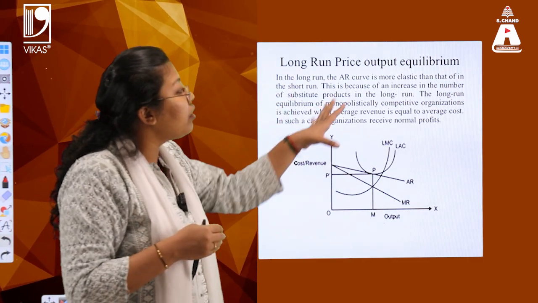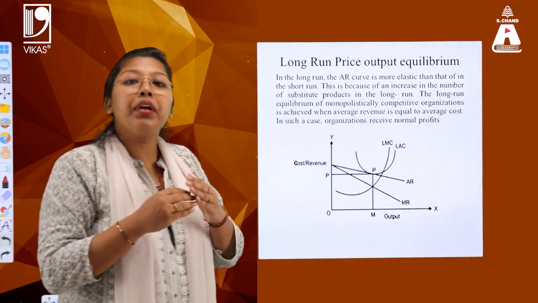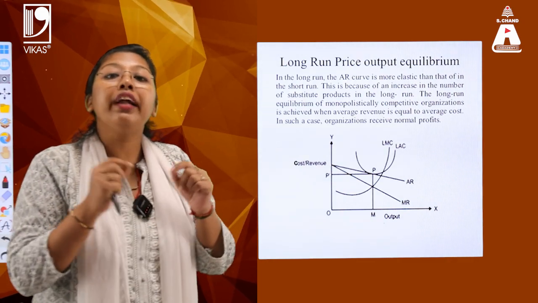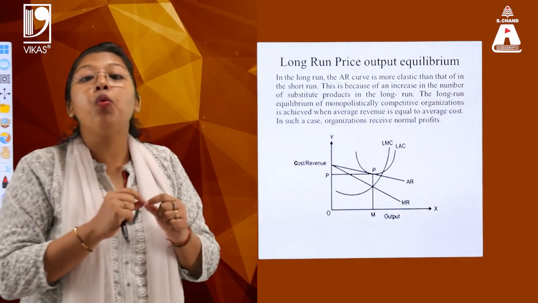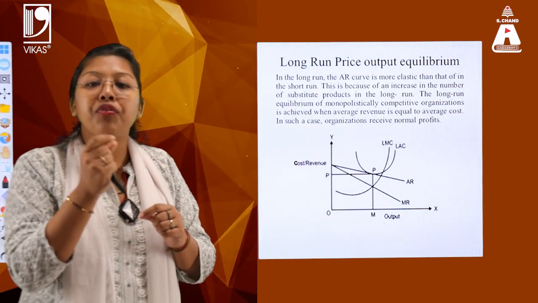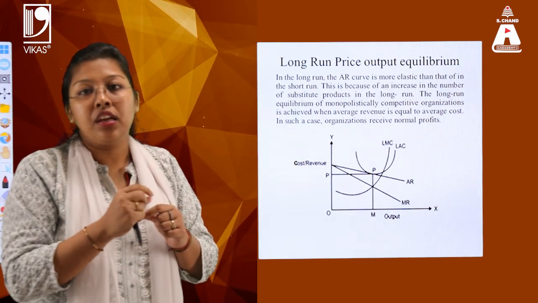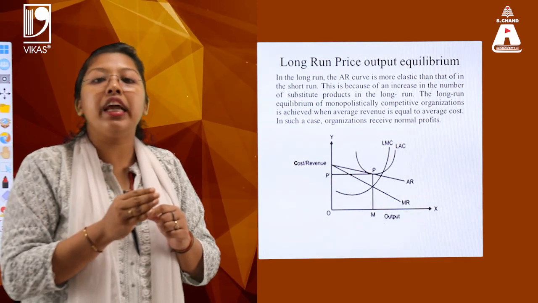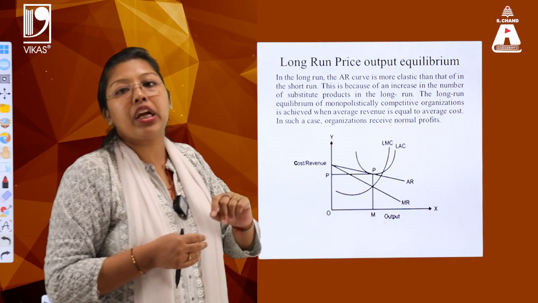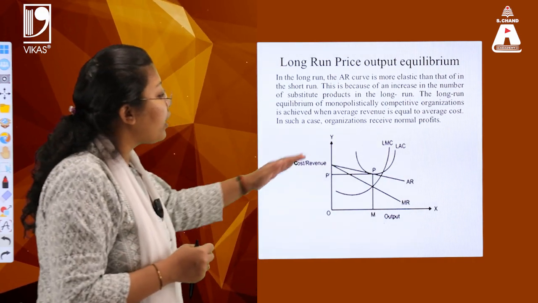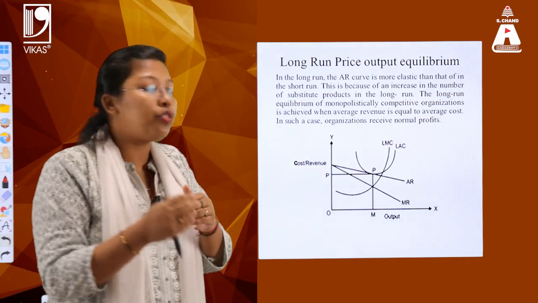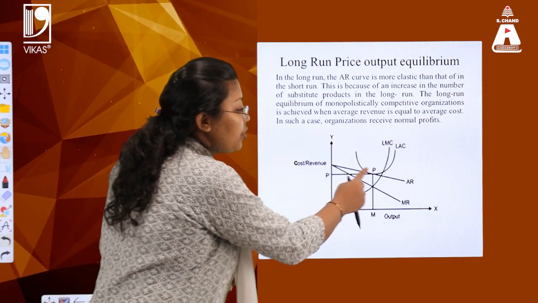But when we say long run, your average revenue, marginal revenue and your demand, everything becomes more elastic. What is elasticity? The responsiveness of demand towards price. So when the elasticity exists, what will happen? Automatically adjustment becomes easy for you in the market. So there is no such region of profit or loss per se, because you are not covering the entire region.